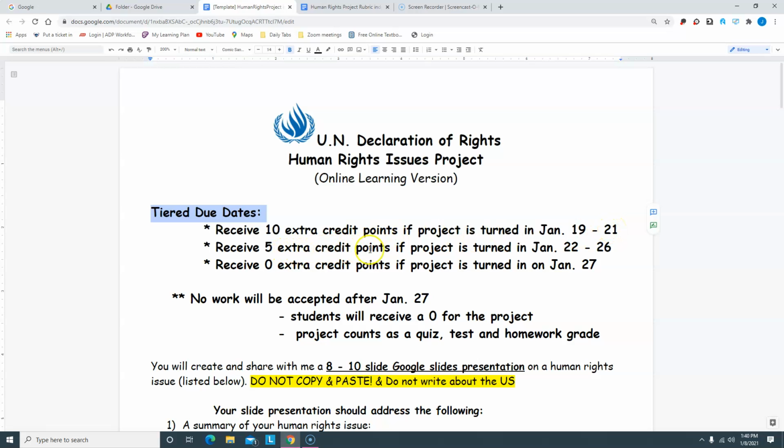You'll receive 5 extra credit points if the project is turned in January 22nd to the 26th. And if you turn it in by the absolute last date that I can accept it, which is January 27th, you will receive 0 extra credit points.